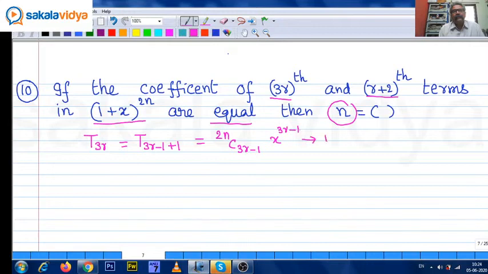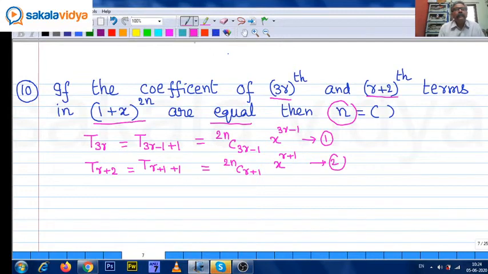So equation 1 this is. Now r plus 2 term. So t(r plus 2), this we can write as t(r plus 1 plus 1), equal to 2nC(r plus 1) x to the power of r plus 1.